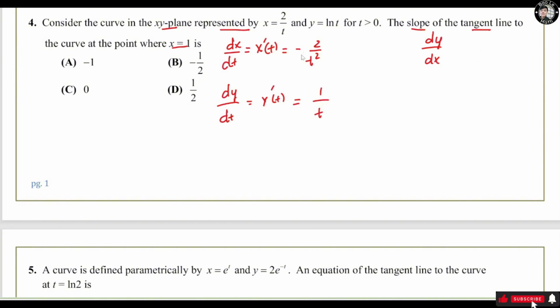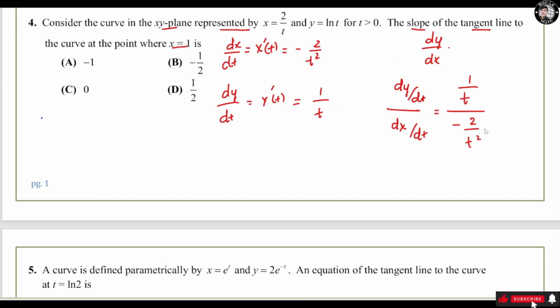Now dy over dx, we need to divide the top and bottom by dt. So we have dy over dt divided by dx over dt, right? So dy over dt is going to be 1 over t. dx over dt is going to be negative 2 over t squared, right?